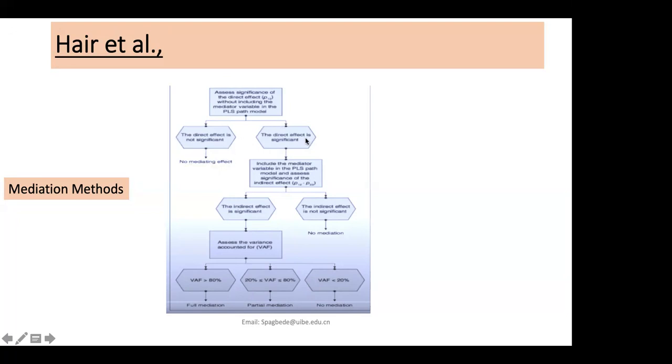On the other hand, if the direct effect is significant, then you can now introduce your mediating variable. Then when you perform the analysis again, is the indirect effect significant? If it is, you assess what we call the variance accounted for. If it is not, it means there is no mediation.